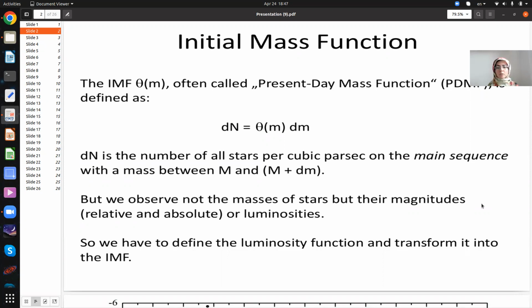But we observe not the masses of stars, but their magnitudes, relative and absolute, or luminosity. So we have to define the luminosity function and transform it into the initial mass function.